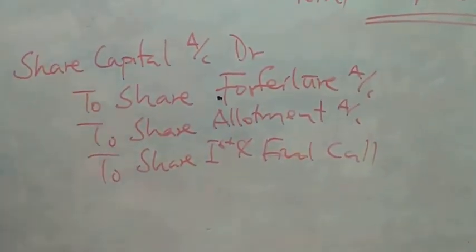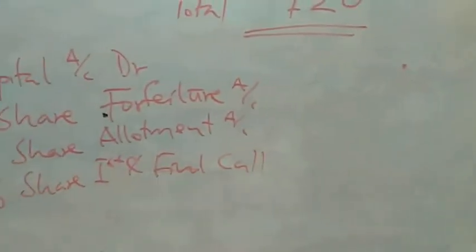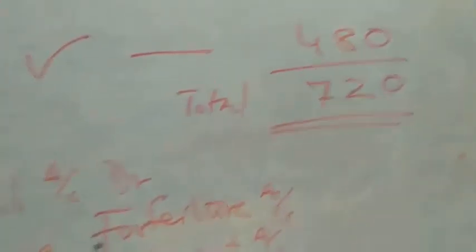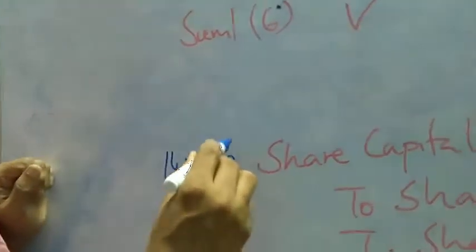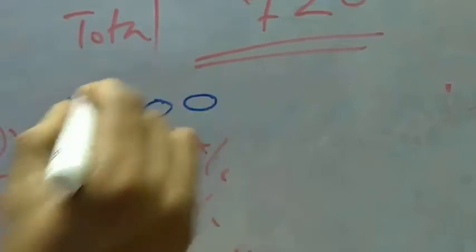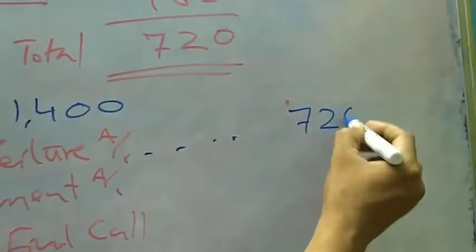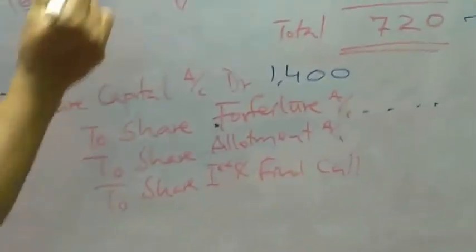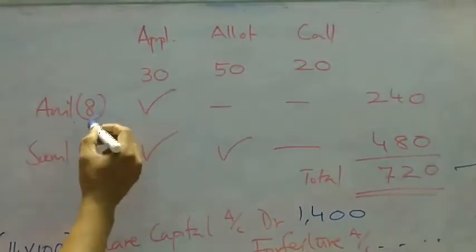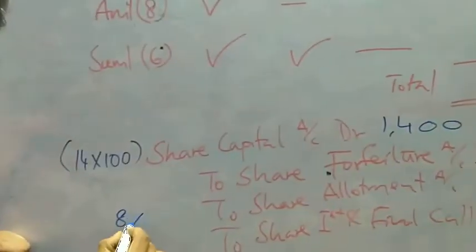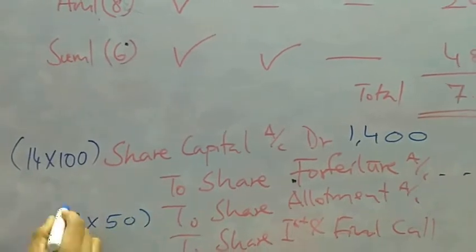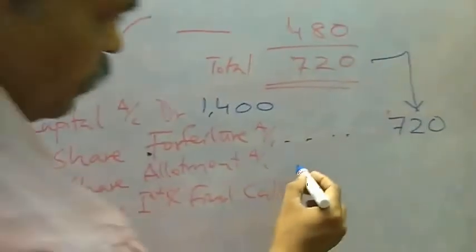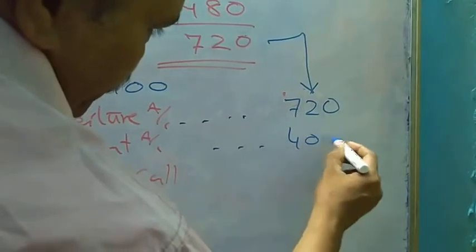Total 14 shares are there, 14 into 100, 1400. Here it will be 720. Here, Anil did not pay the money, 8 into 50, that is 400.